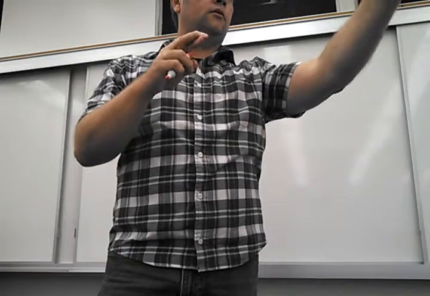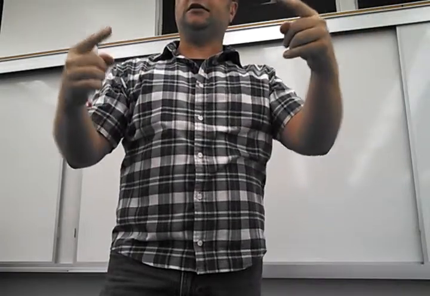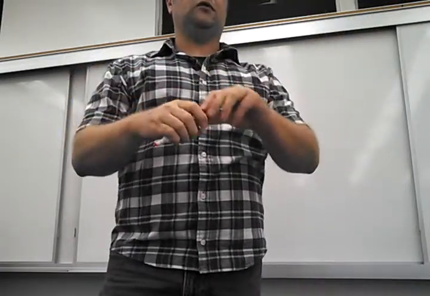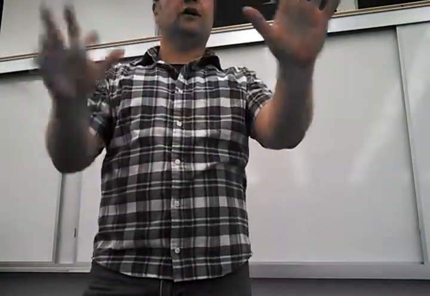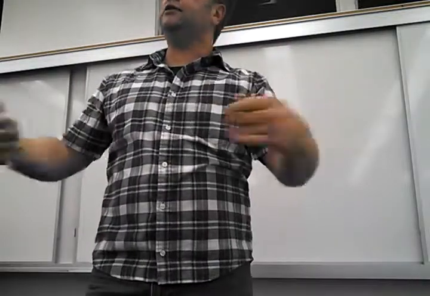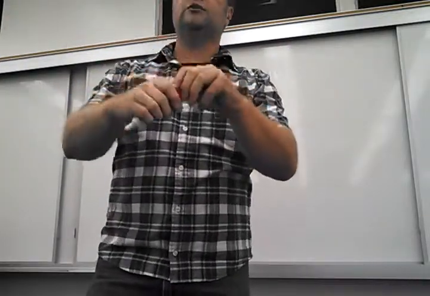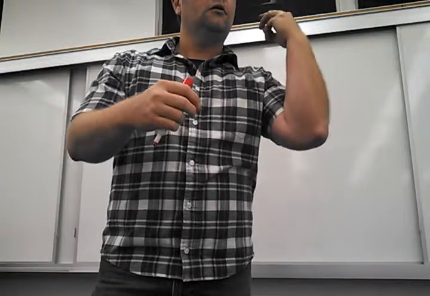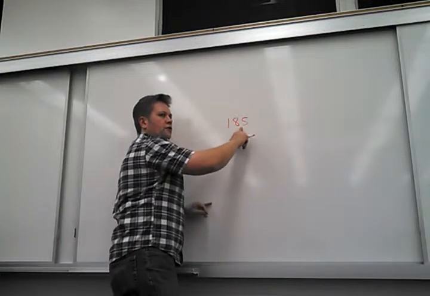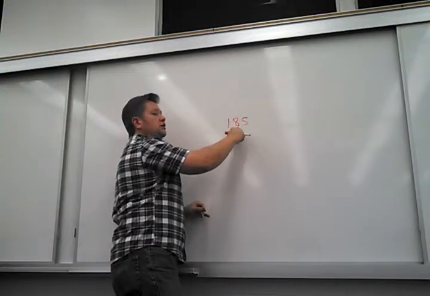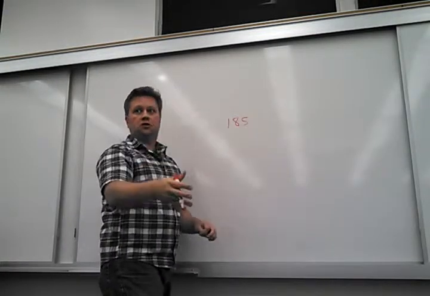Twice as big. If it increases by 100%, it's twice what it was before. Think about it. If I have 5 things and it increases by 100%, 100% of 5 is another 5. Now I've got 10 things, so it doubled. If it increases by 200%, it's 3 times bigger, and so forth. So if I say it's 185, it's increased by 185 times as much.